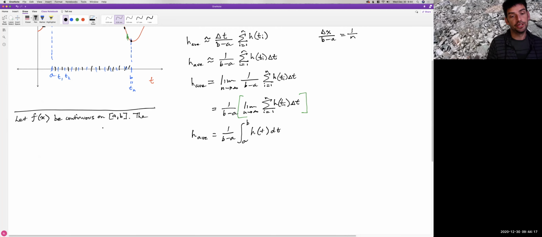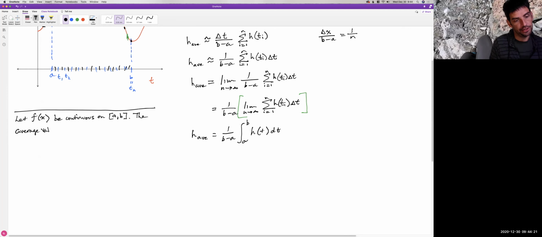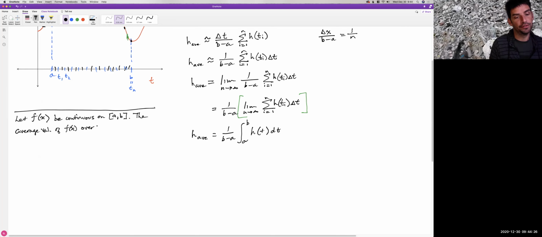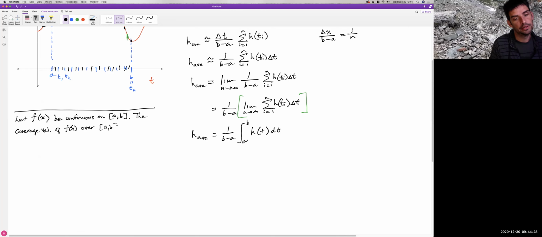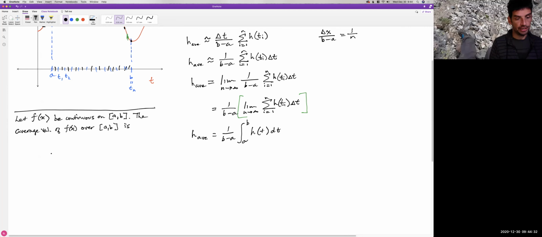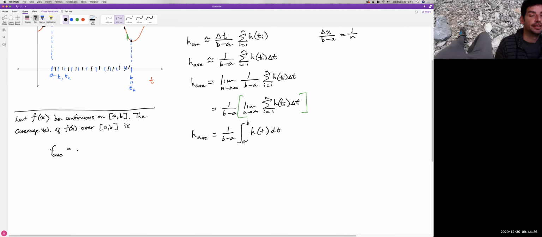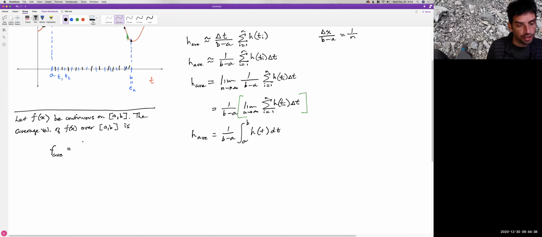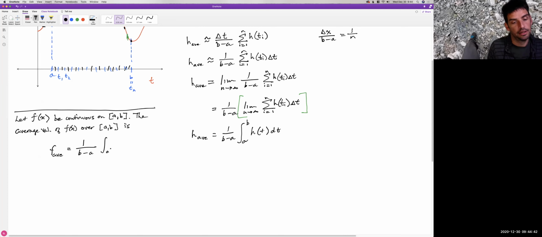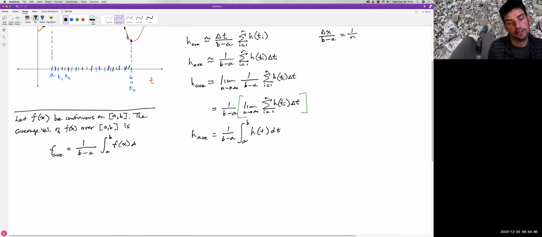The average value of f of x over the interval, and this is our definition, we call it f average, is 1 over b minus a times the integral from a to b of f of x dx, right?